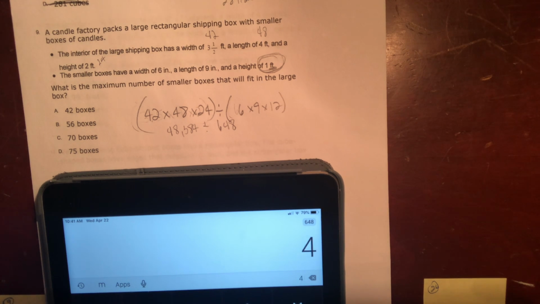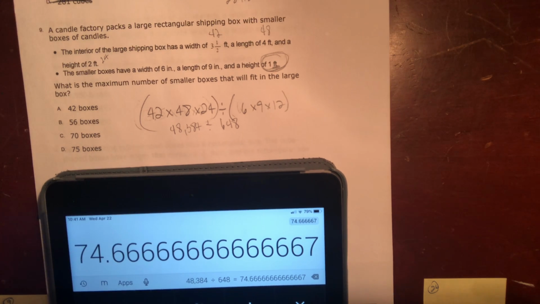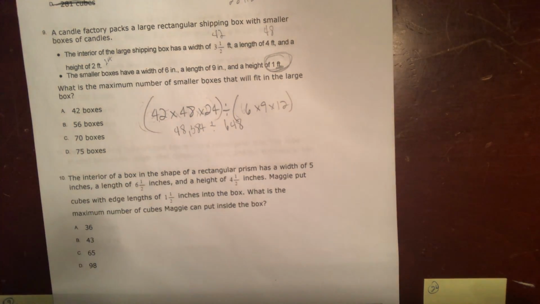Okay, 48384 divided by 648. Okay, so we cannot fit 75 boxes in there because this is 74.6.